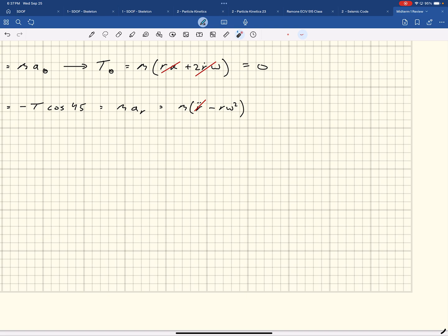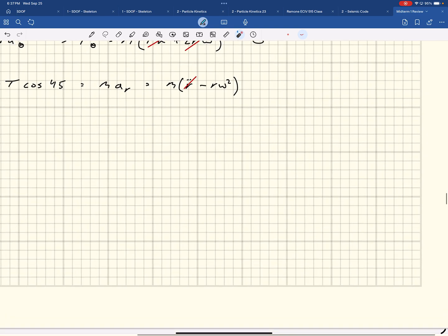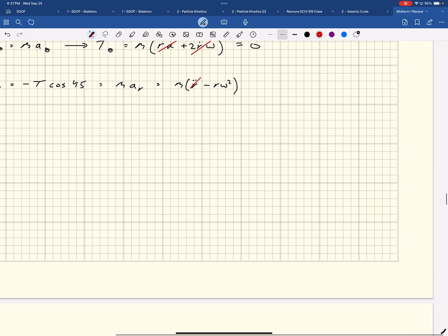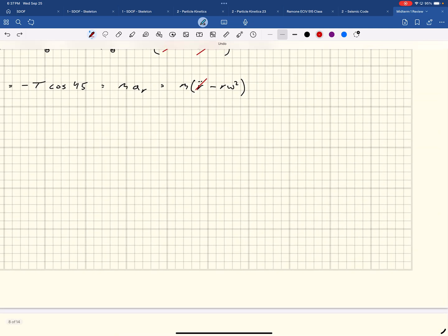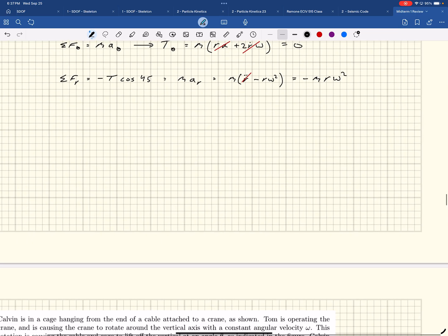So either they're both negative like we have it, or they're both positive if you do it in e_n. That's the only difference that you would get. So that is equal to negative m R omega squared, the resultant.